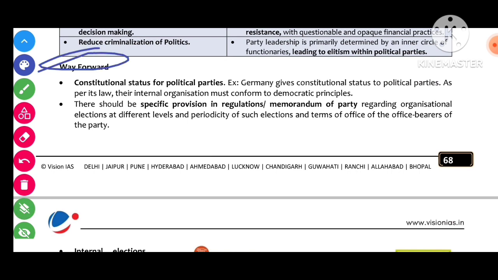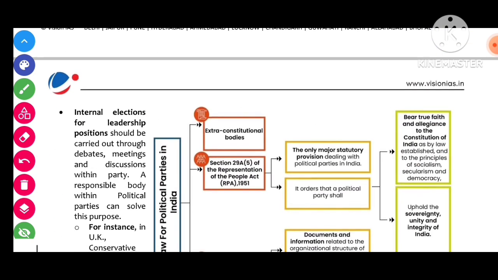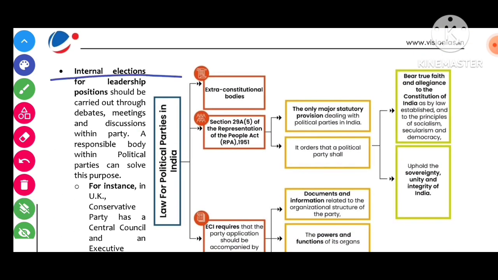And what is the way forward? Constitutional status for political parties. For example, Germany gives constitutional status to political parties. As per its law, their internal organization must conform to democratic principles, with specific provision in regulations or the memorandum of the party regarding organizational elections at different levels and the periodicity of such elections, terms of office bearers of the party, and internal elections for leadership positions.